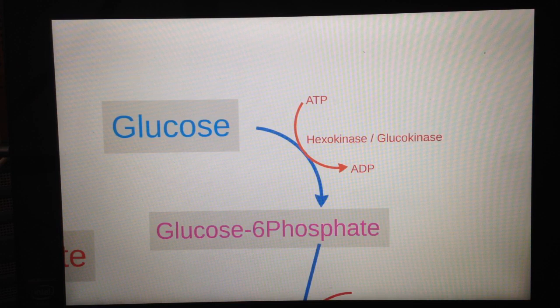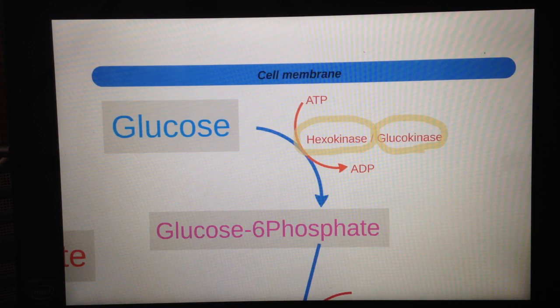In the first part of my glycolysis presentation, I've already mentioned that by changing glucose into glucose 6-phosphate, it keeps the glucose that the cell has invited into the cell interior.